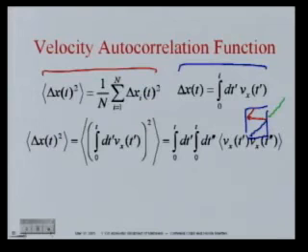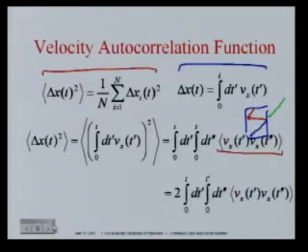And so what we are calculating here is really the sum over all the particles, and averaging that is dividing by the total number of particles, of the velocity at a certain instant t prime times the velocity at a certain instant t2 prime.